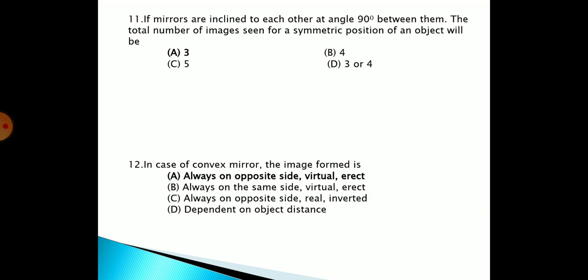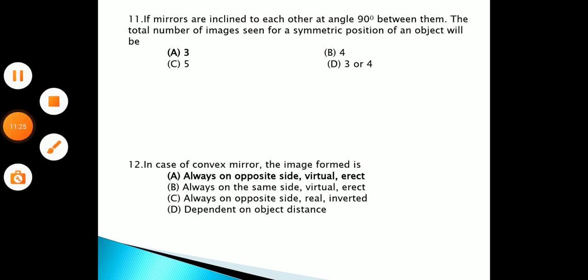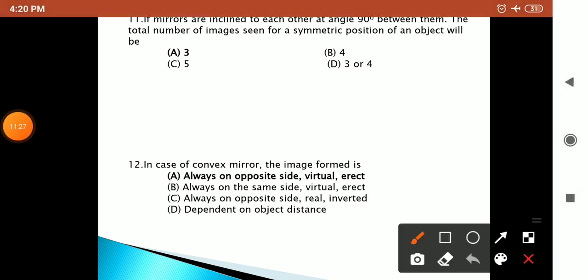Question 11. If mirrors are inclined to each other at an angle of 90 degree between them, the total number of images seen for a symmetric position of an object will be. Now again, in the previous video we have studied about this one. So here the angle they have given is 90 degree.